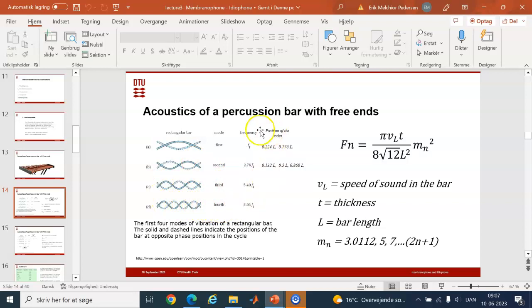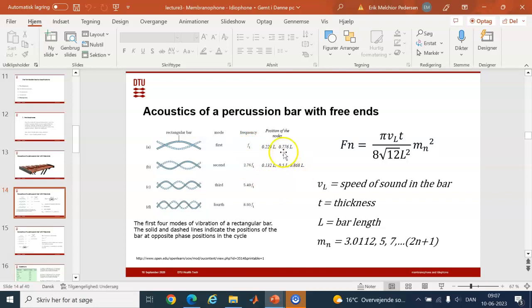The frequency F2 is 2.06 times F1, then 5.40 times F1, and the fourth one 8.93 times F1. You see the numbers here, they are not whole integers. So it's not like a flute, for instance. It's not harmonics.